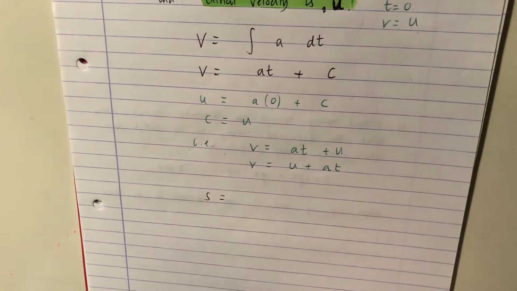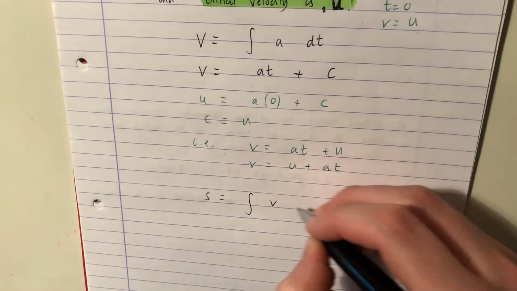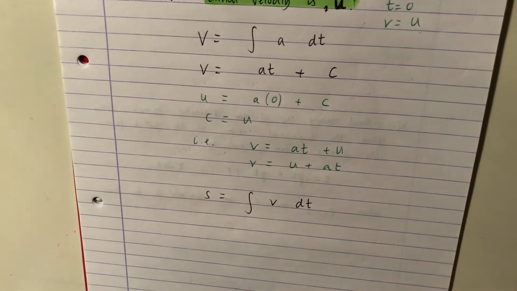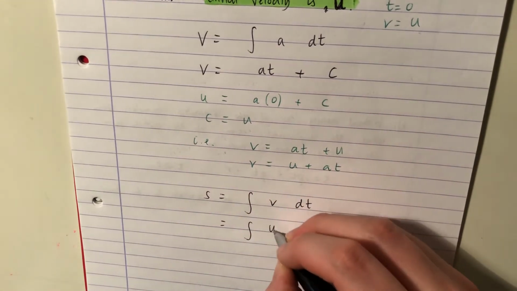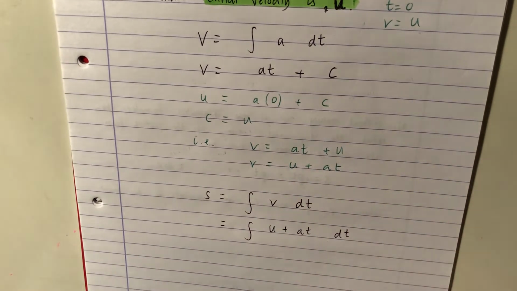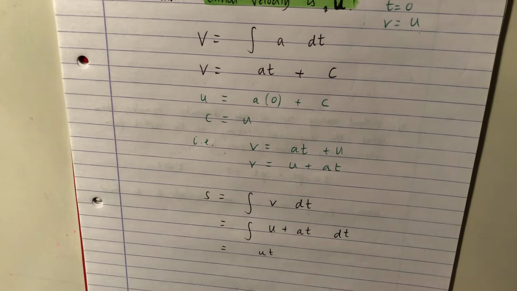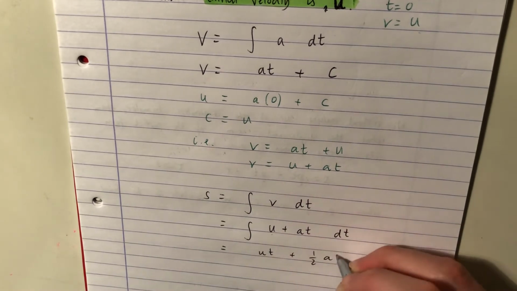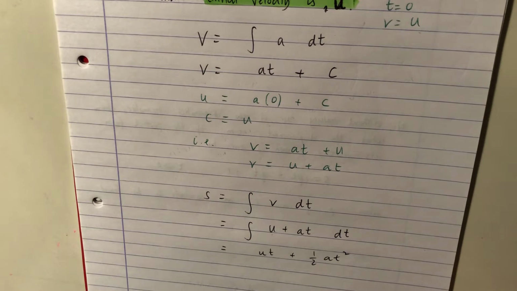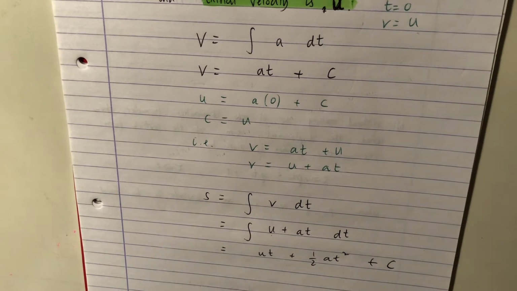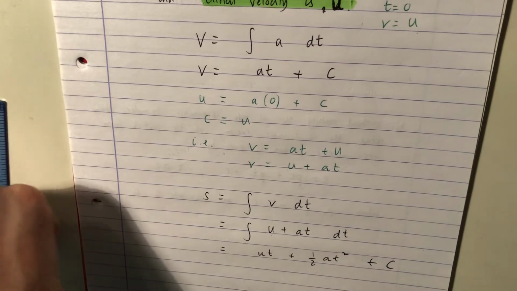So displacement is integrating velocity with respect to time, and that's integrating u plus at with respect to time. u is a constant, a is a constant, so when you integrate this, it would go to ut plus a half at squared. But remember, when you integrate, to include the plus c.